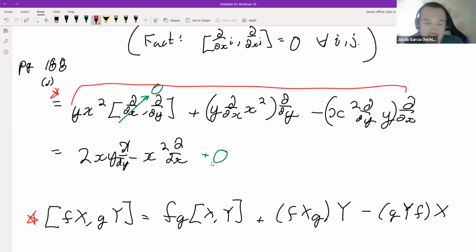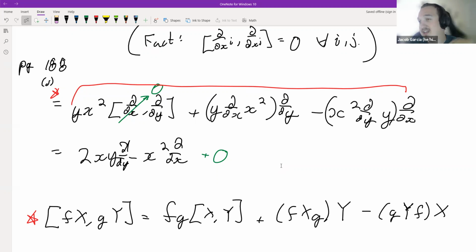And if you don't want to use that formula because you don't like the fact that Lee doesn't use his Einstein convention or something, for whatever reason you don't like the first method, you can use these four facts about the Lie bracket to continually break up the Lie bracket into less complicated Lie brackets.